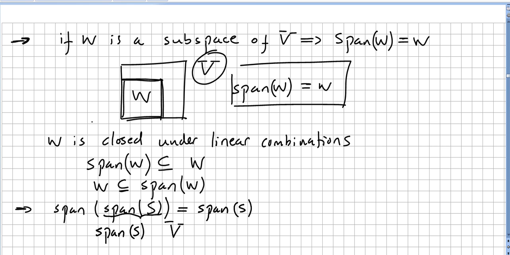But now, using this, since the span of W is W itself, we can say that the span of the span of S is the span of S.